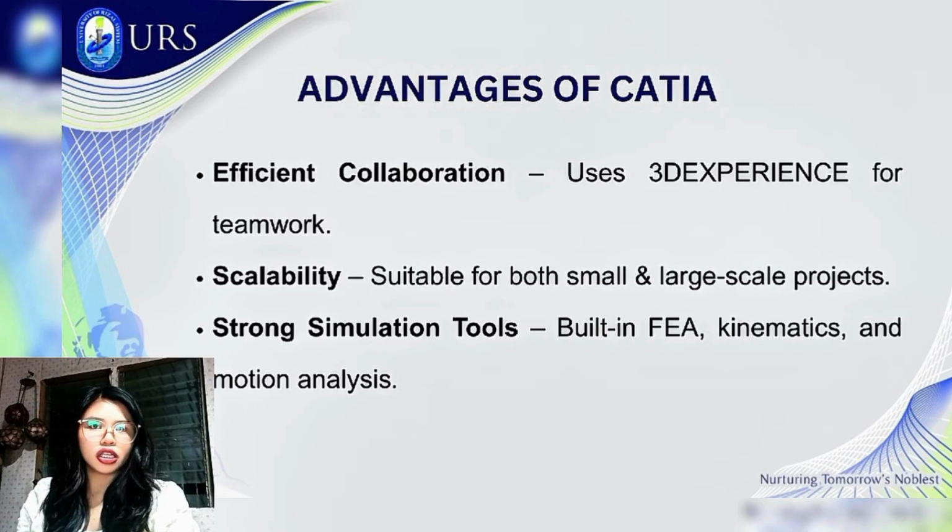And lastly, it includes strong simulation tools such as built-in FEA or finite element analysis, kinematics, and motion analysis features. These tools help validate designs and improve performance without the need for separate software.